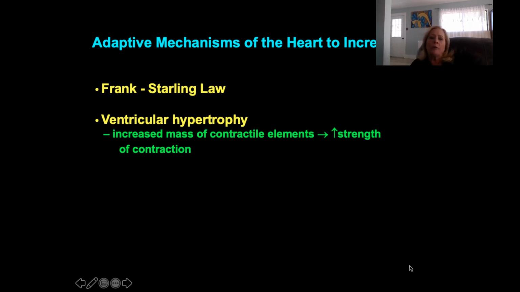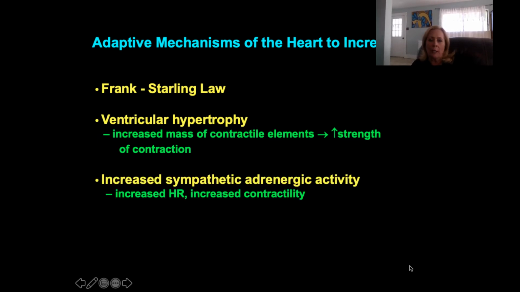So ventricular hypertrophy is an increase in the mass of these contractile elements. You have more actin and myosin in the muscle than you had before, and the more actin and myosin that combine, the greater the force of contraction, or an increase in what we call contractility.